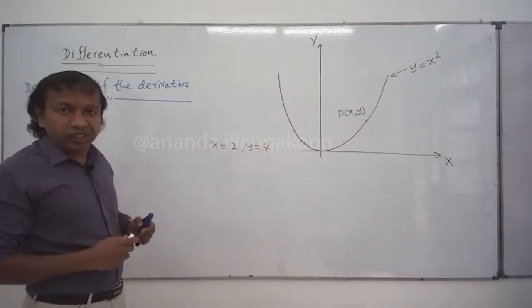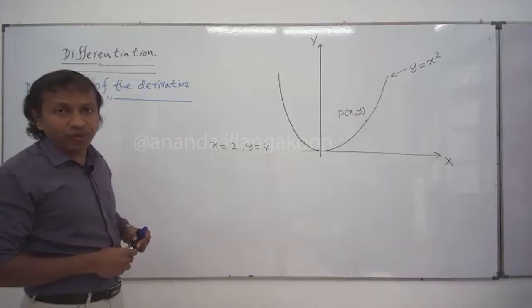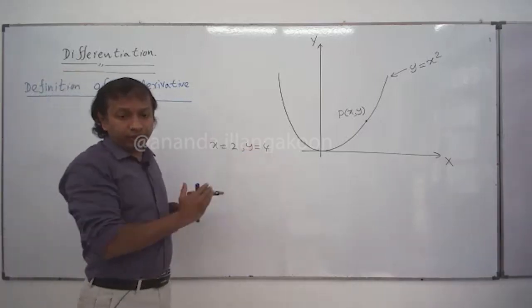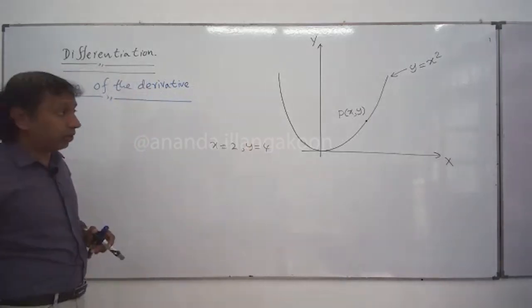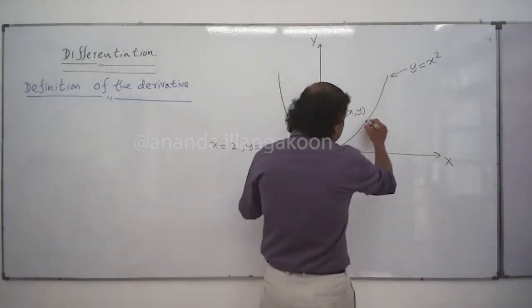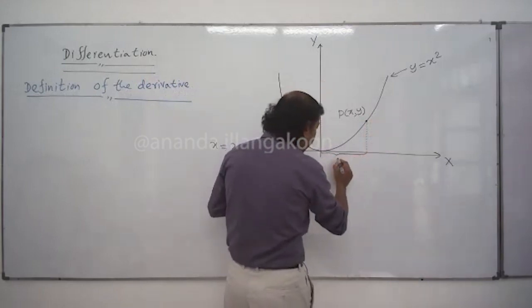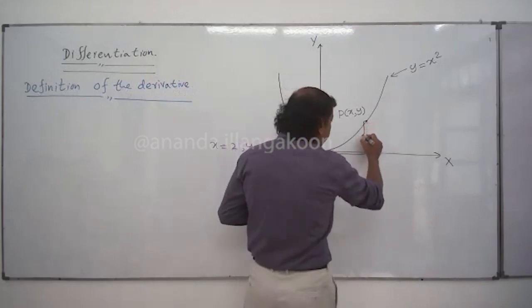Since I need to take this point P in the most general form, without giving particular values like 2 and 4, I take x and y as the coordinates. When I drop a perpendicular to the x-axis, x means this length, and y means this height.